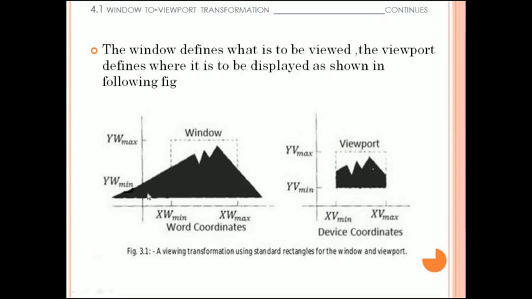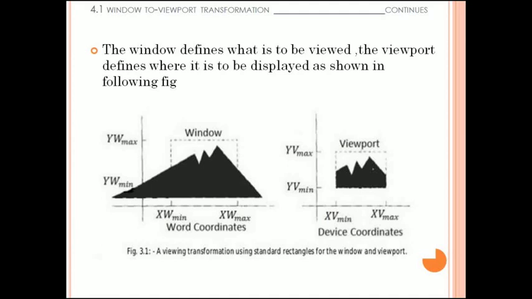Window means which part is to be displayed, and the viewport defines where it is to be displayed on the display device. Viewport means where this picture is displayed on our screen. Once again, the window defines what is to be viewed, clipping means what to remove, and the viewport defines where it is to be displayed on the display device.